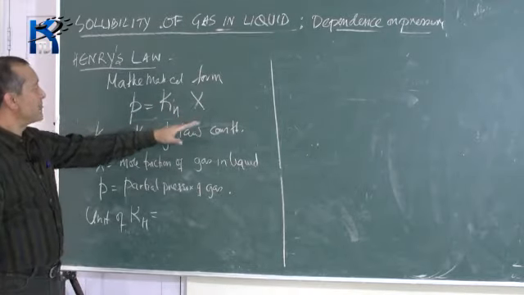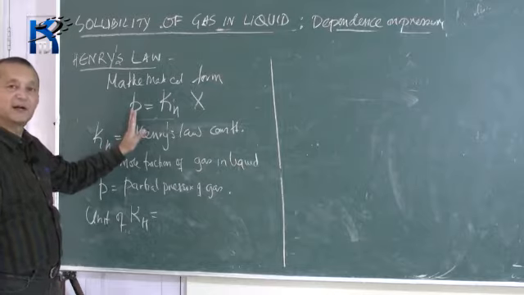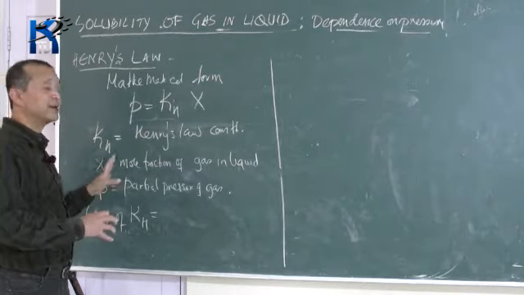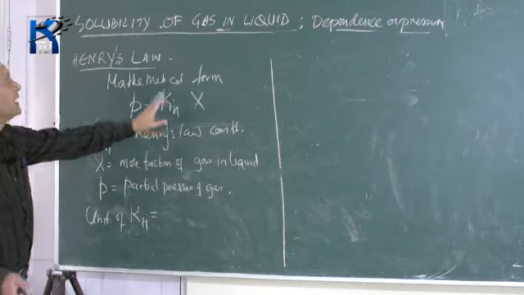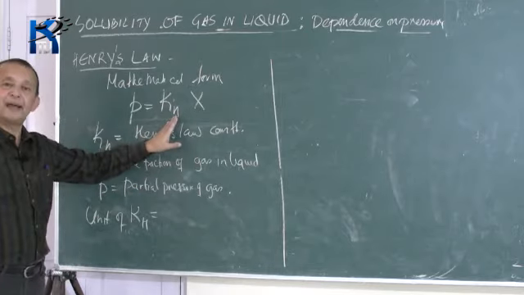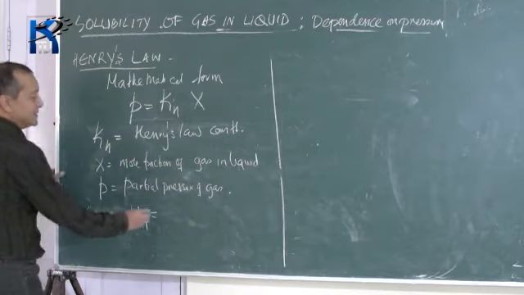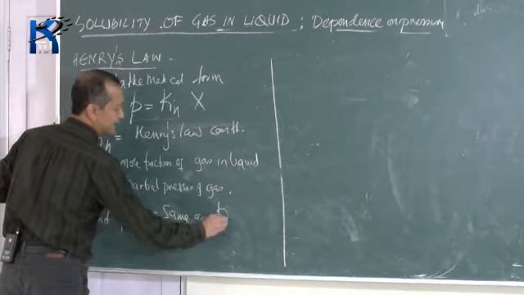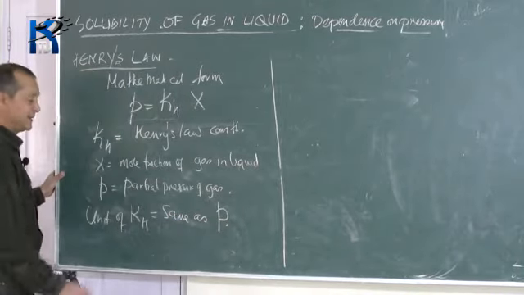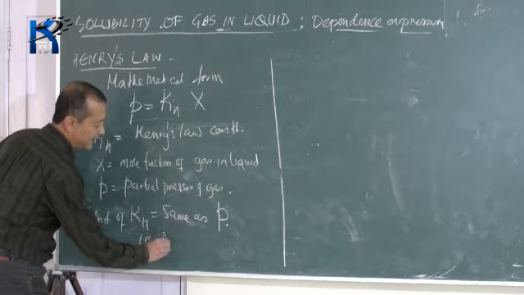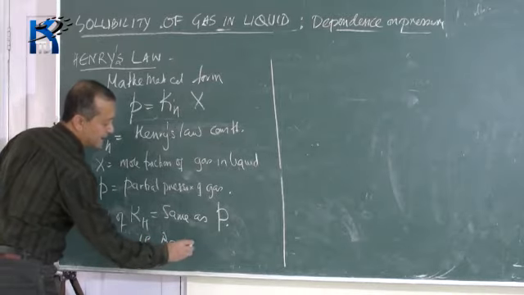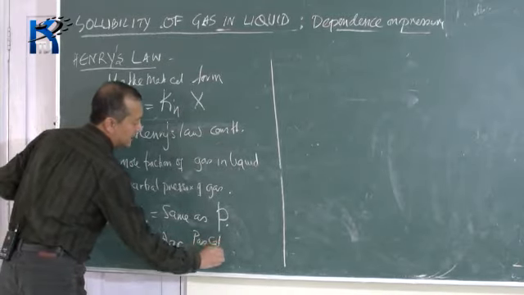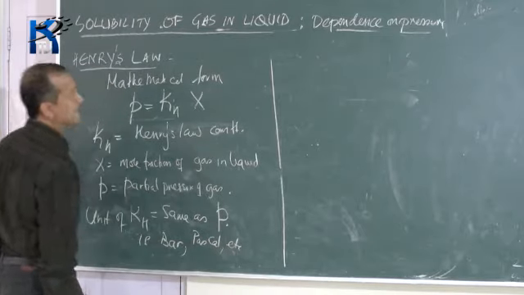But P has a unit; it may be bar, Pascal, millimeter of mercury or centimeter of mercury. Therefore the unit of KH is the same as the unit of P, that is bar, Pascal, etc.